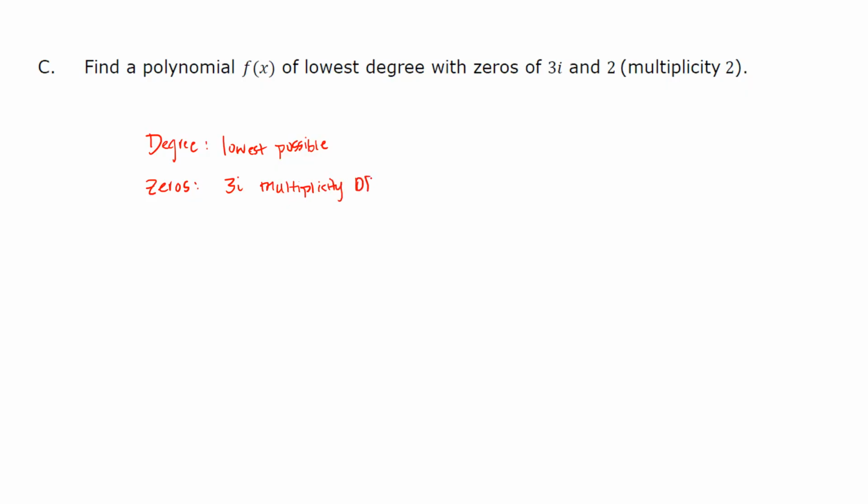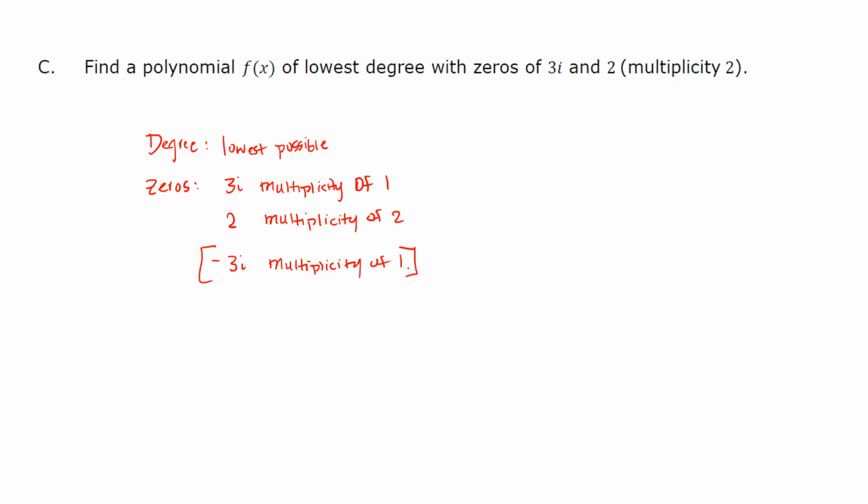There we go. And we have 2 that has a multiplicity of 2. Since 3i is a 0, we know its conjugate, negative 3i, is also going to be a 0. And that's going to have multiplicity of 1.